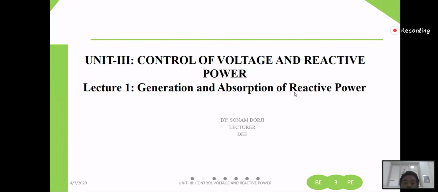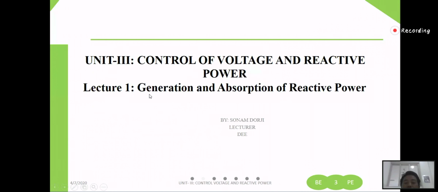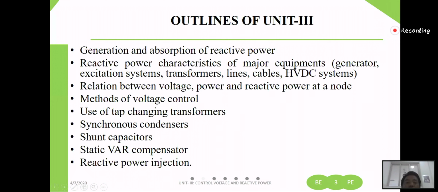Let's see the unit outlines of unit 3. First we'll see the generation and absorption of reactive power, which is lecture 1. Second, the reactive power characteristics of major equipment like the excitation system, generator, transformer, overhead lines, cables, and the HVDC system.